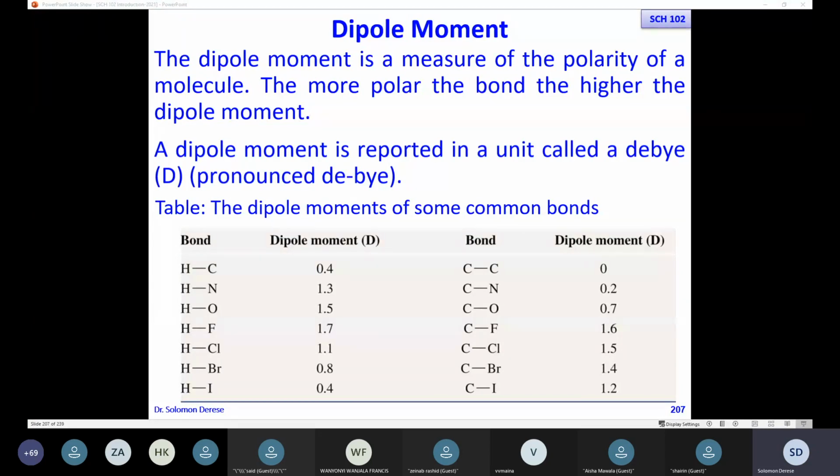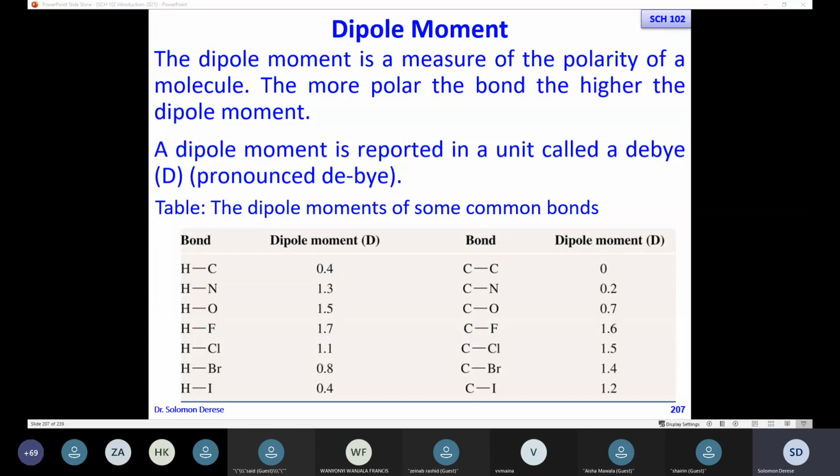In methane, which is CH4, we have 4 carbon-hydrogen bonds. Each of the bonds has a bond moment of 0.4.